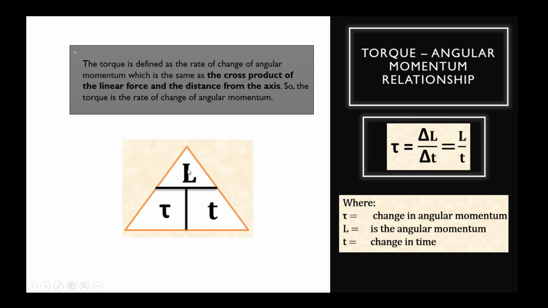If you want to look for the angular momentum, cover it up, and there we have it: torque times time. Cover time, and we have angular momentum over torque. And if you want torque, cover it, and we have angular momentum over time.